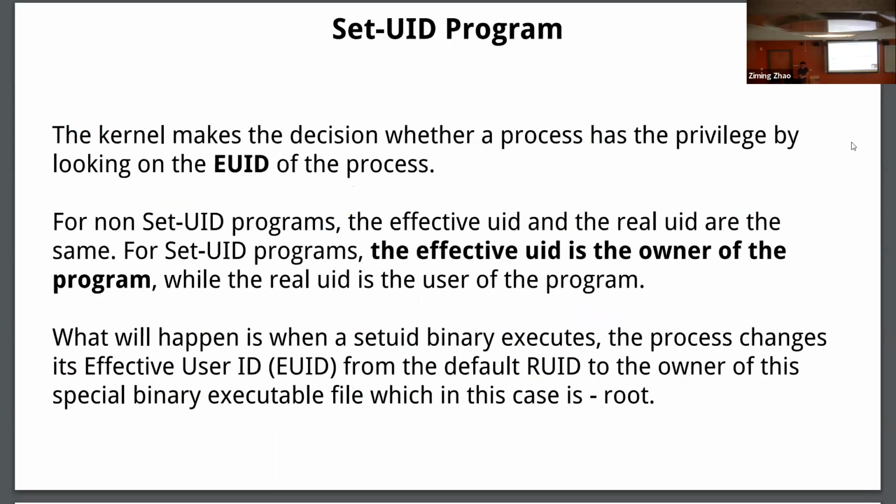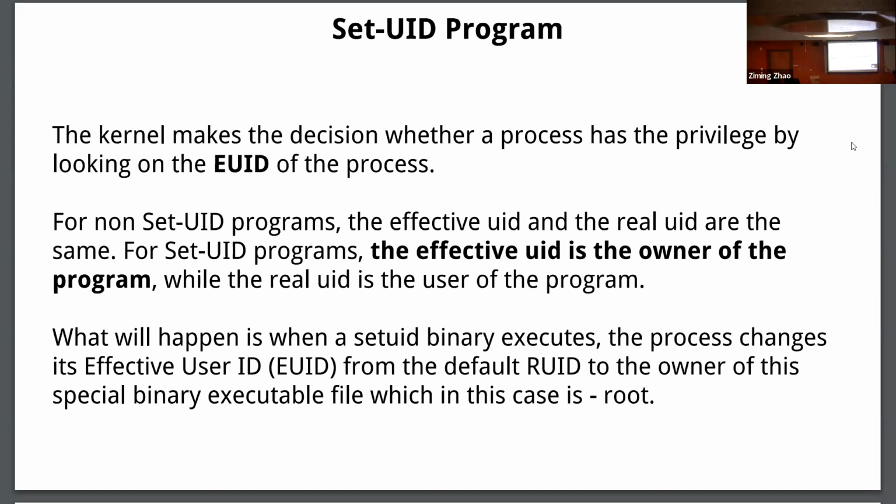Set UID programs are a special type of program. In the file system, you mark some of the programs as set UID programs, and they look a little different. For all other programs, like I said, when they are launched, the effective UID and the real UID are the same. But for set UID programs, they are not the same. For set UID programs, the effective user ID is the owner of the program, not who runs the program.